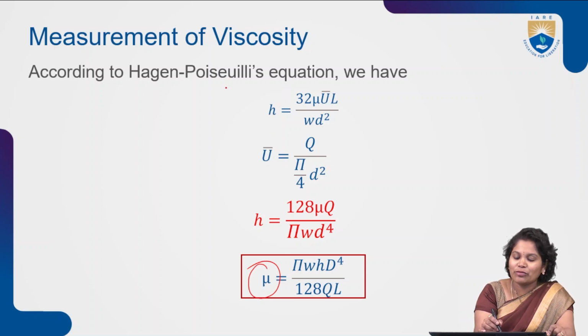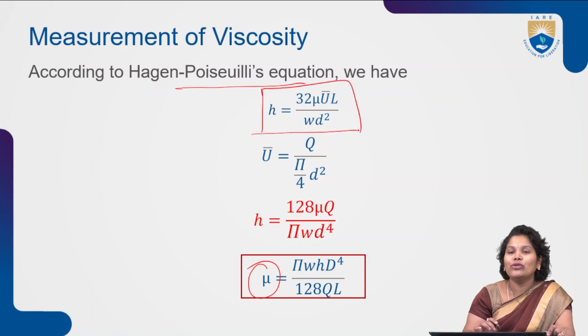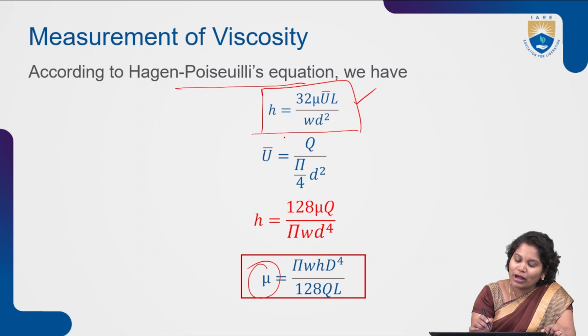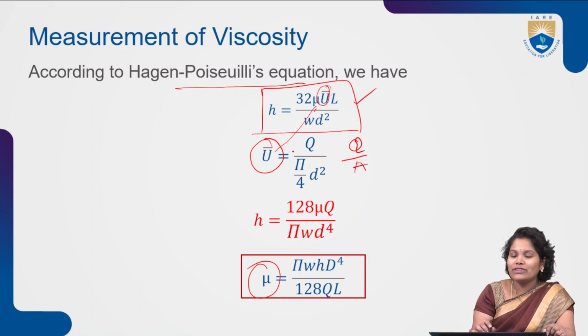Here the Hagen-Poiseuille equation is h is equal to 32 mu U bar L by w d square. This is the Hagen-Poiseuille equation, right? And we have also seen that U average is equal to Q by A, Q by the area, pi by 4 d square. So in place of U bar we substitute Q by area.